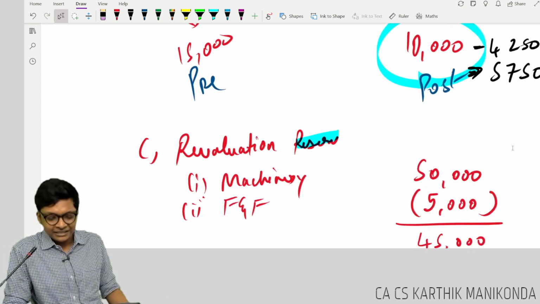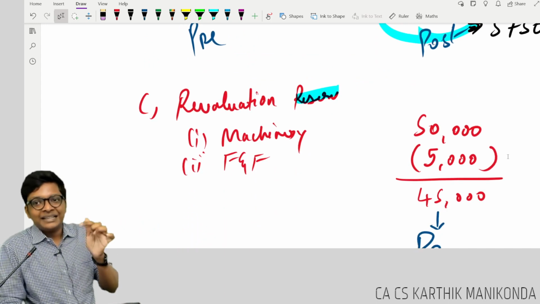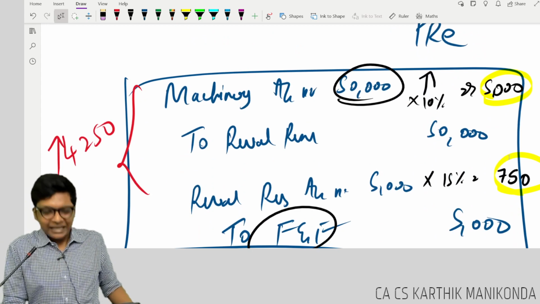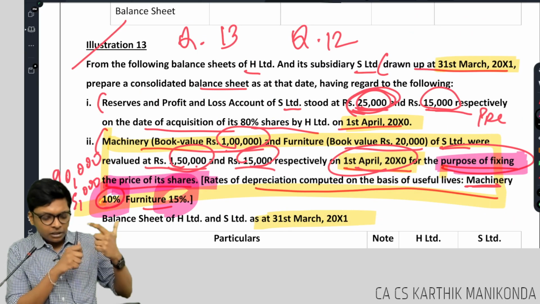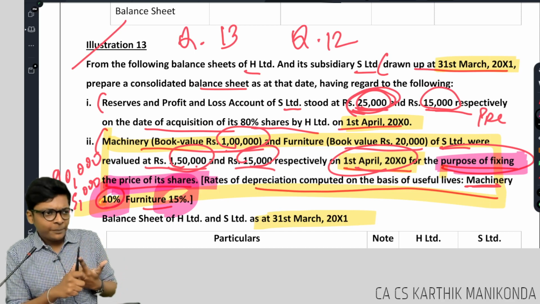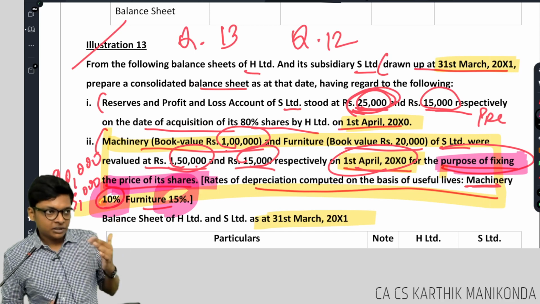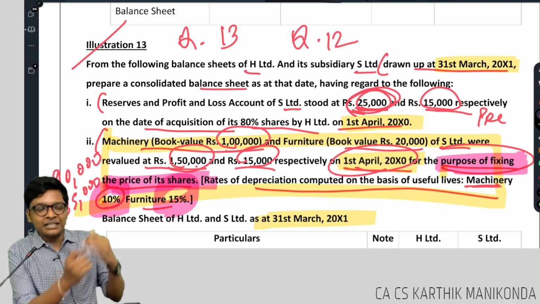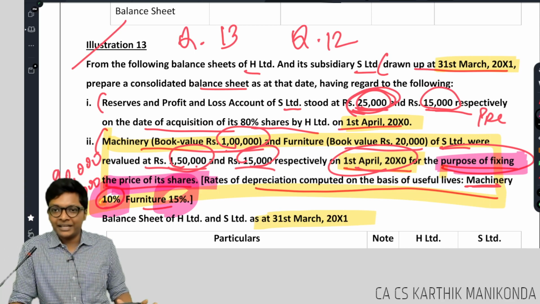Similarly, revaluation reserve, we took the net value. Any other adjustment as per the question? We accounted for revaluation, we accounted for change in depreciation. Any other impact because of revaluation? That's it. The final impact will be the closing value of asset that will come in the balance sheet. No other impact in P&L. Are you following guys, everybody?